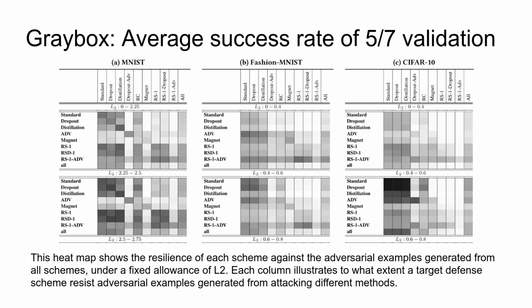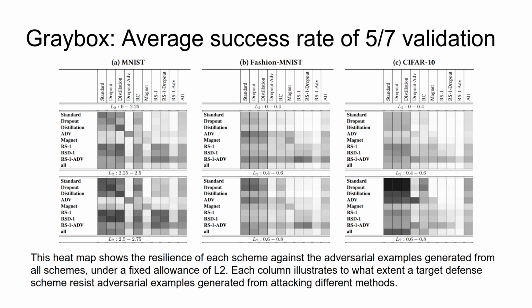In the gray box attack, we measure how likely the generated adversary example under a particular attack algorithm can be transferred to the defense mechanism used in the prediction. Here, each row represents the algorithm used to generate the adversary example, and each column represents the defense algorithm used in the prediction.